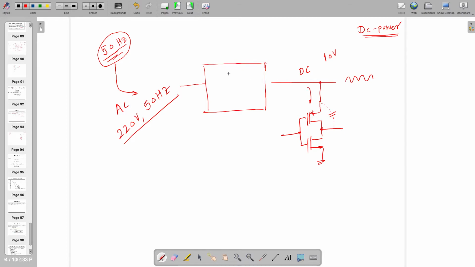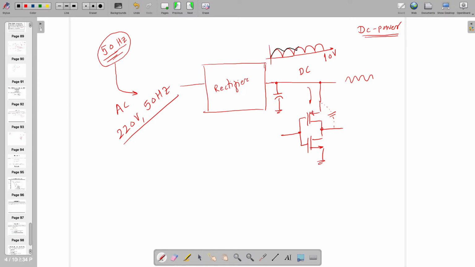Saurabh, you are saying something. Yes, you may have a rectifier. In a rectifier, if it is full wave or half wave, the frequency will be 100 or 50 hertz. So this might happen, but we are adding a big decoupling capacitor.